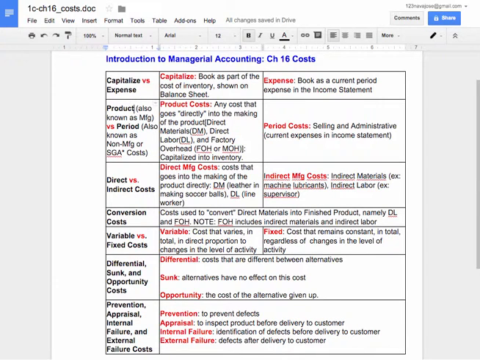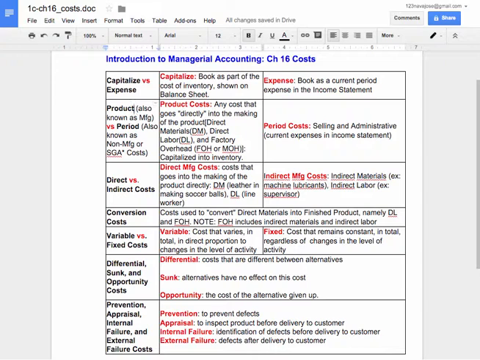Then we go to product costs versus period costs, and here you've seen this before, but in a different context. Product costs means any costs that relate to the manufacturing of a product. So materials, labor, and overhead would be the three categories that are under product cost.